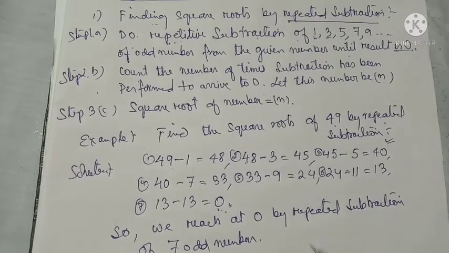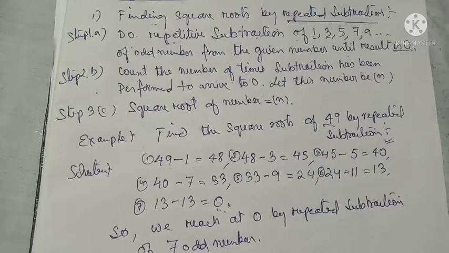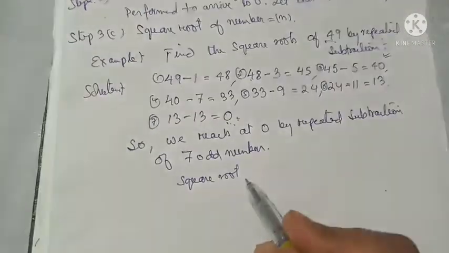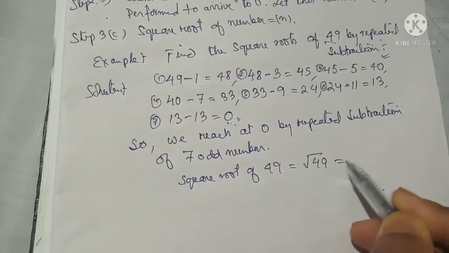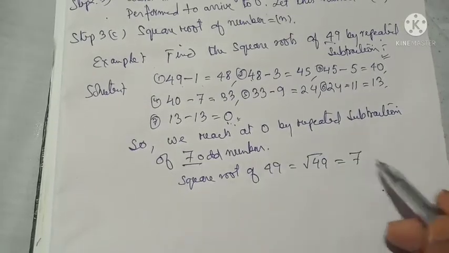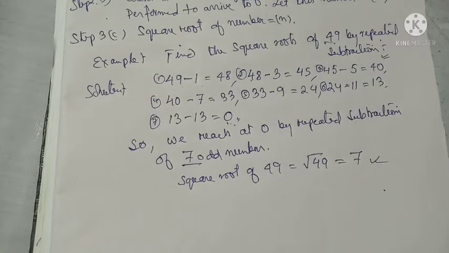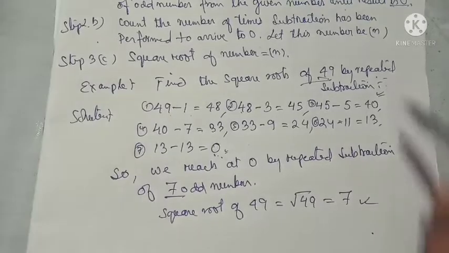So what will be the square root of 49? The square root of 49, that is root 49, is equal to how many? 7. 7 is the right answer. We can find out the square root of 49 by using repeated subtraction.